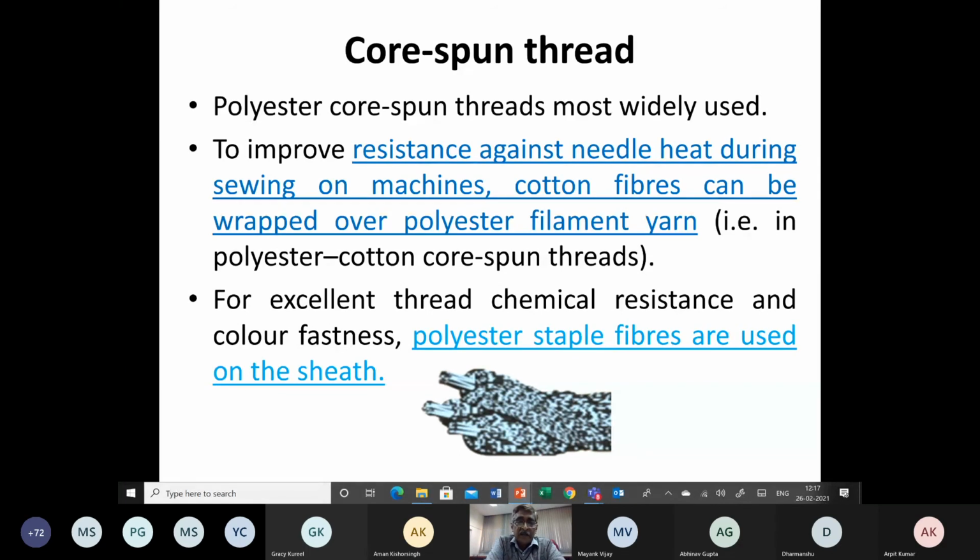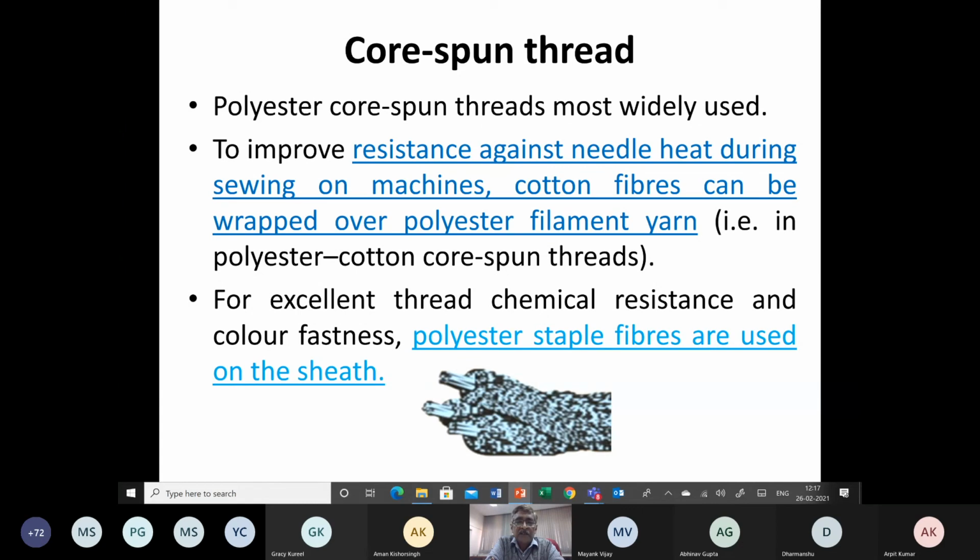Apart from that, there are some cases you need high chemical resistance and high color fastness. For example, sun protection textiles. You use awnings in front of the stores and other places. So you can't replace the awnings every year.